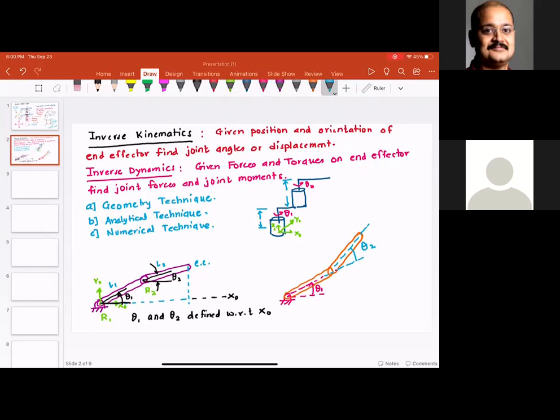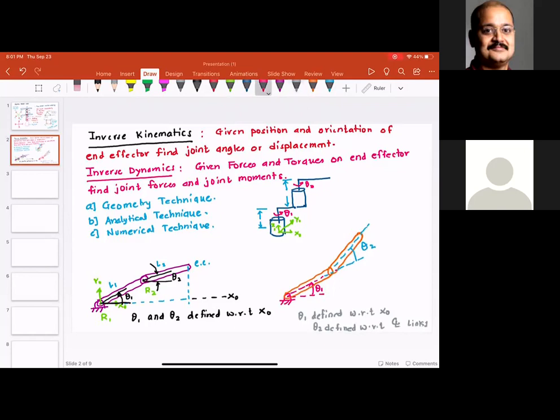I want you to understand that both these representations are correct. Please note theta 1 is defined with respect to X naught, but theta 2 is defined with respect to the center line of link 1. Everyone understood this? This is a very important distinction, and depending upon how you set up the problem, you're going to get the same answer.